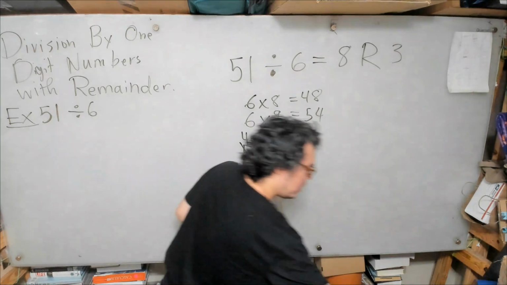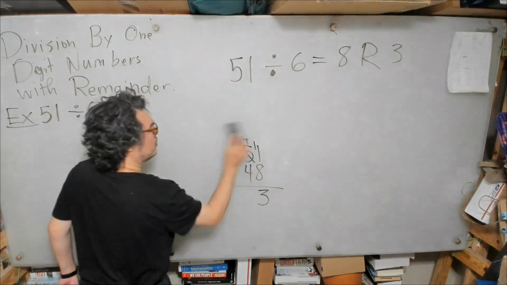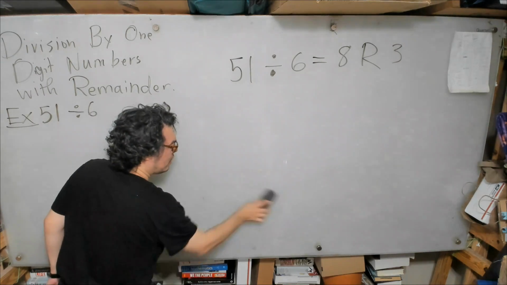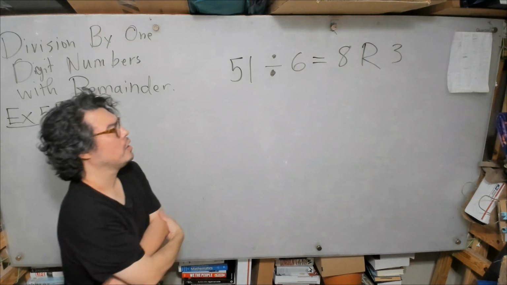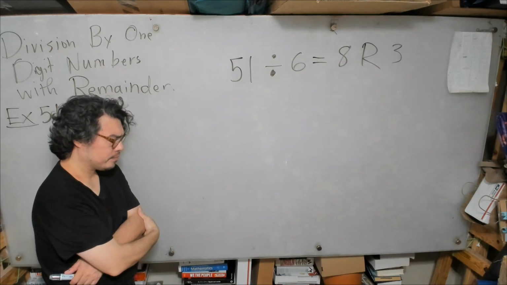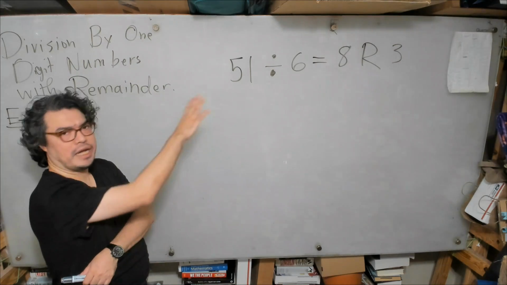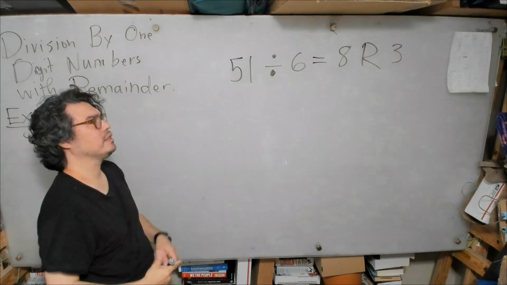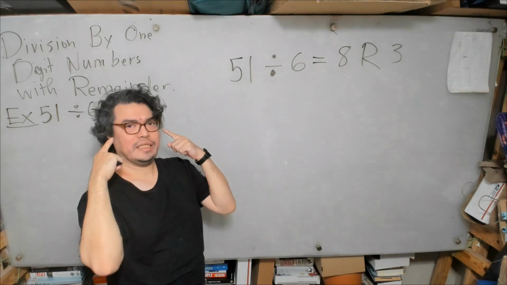Now let me briefly state a couple of important things here. I want you all, whenever you see a division result like this, to immediately think in your brain, what does this mean?